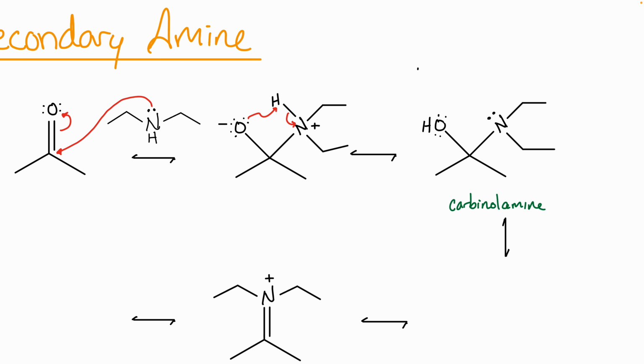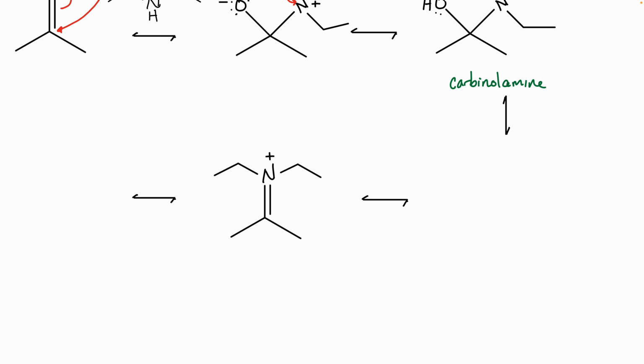We're first going to take advantage of these slightly acidic conditions to make that hydroxyl group an even better leaving group by protonating it. And then we'll kick off that good leaving group by bringing down that pair of electrons from that nitrogen.